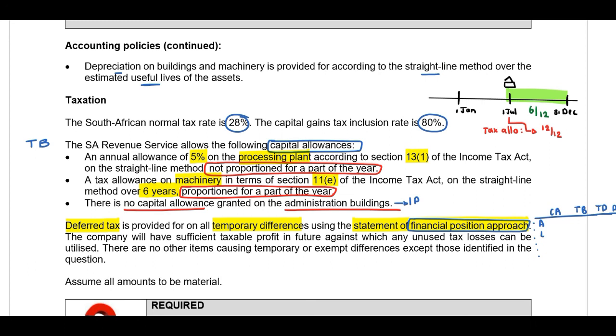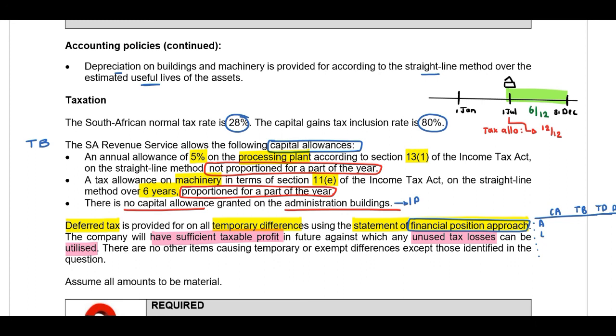Next sentence, the company will have sufficient taxable profit in future against which any unused tax losses can be utilized. Now, there's no unused tax losses in this scenario. There are no other items causing temporary or exempt differences except those identified in the question.